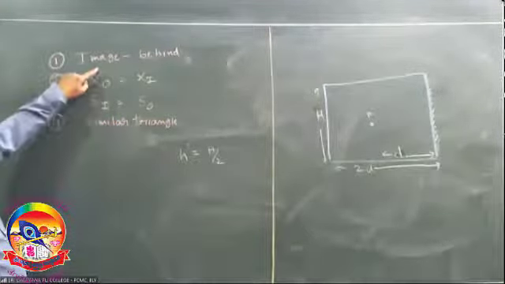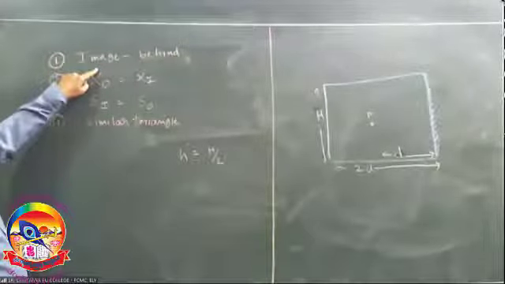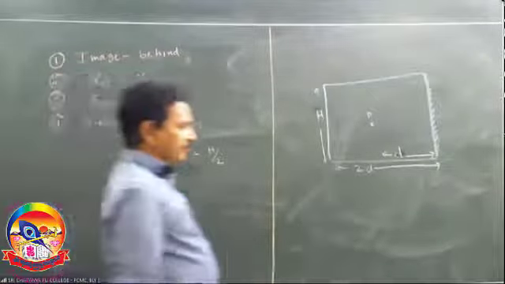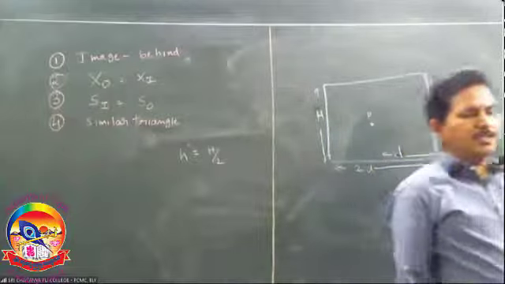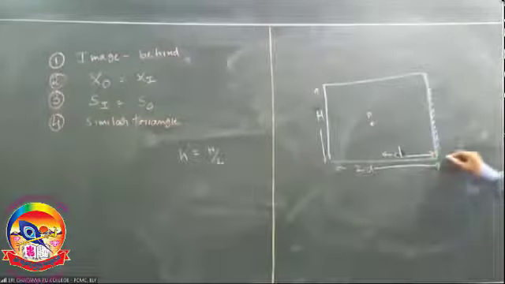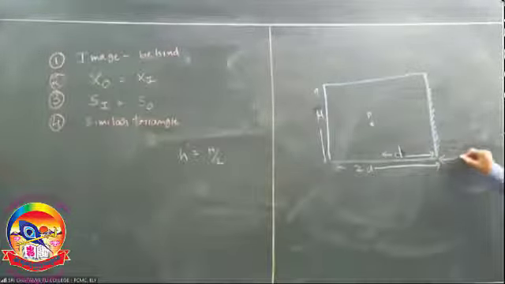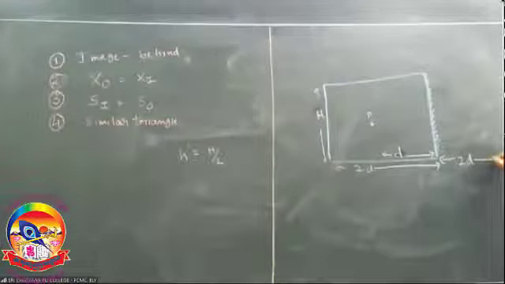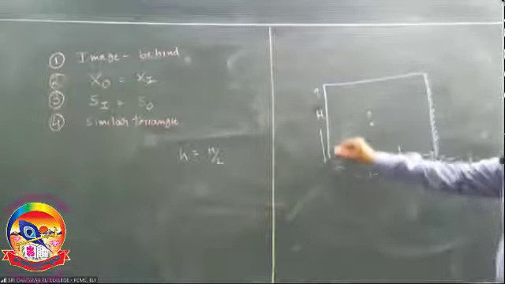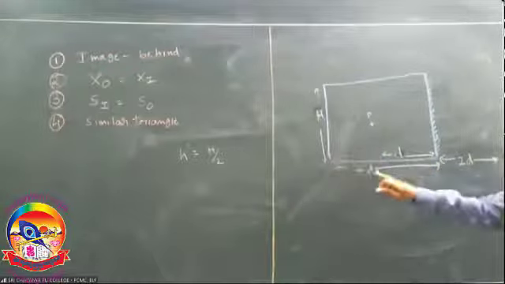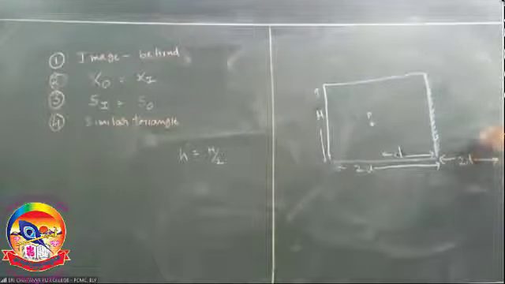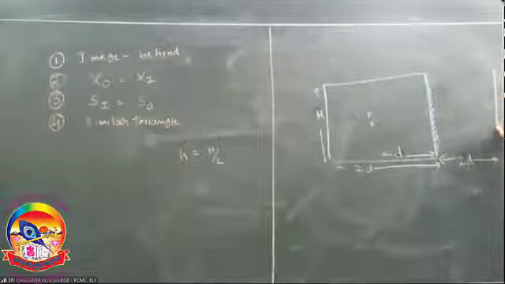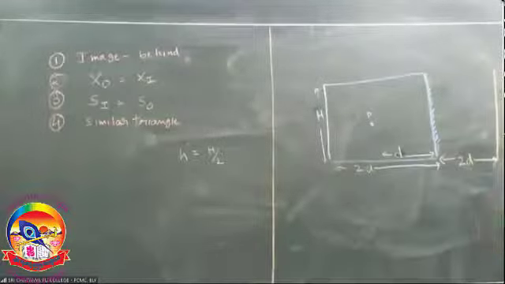The first one, the image will be formed behind the mirror. Without using a ray diagram, we can solve it. Behind the mirror, at what distance will the image be formed? Because the object is the wall, and the object is at a distance 2D, the image will be formed behind the mirror at a distance 2D.